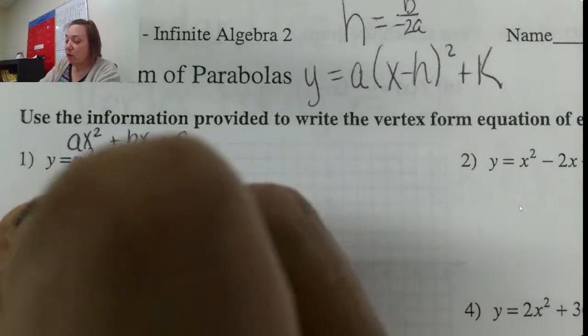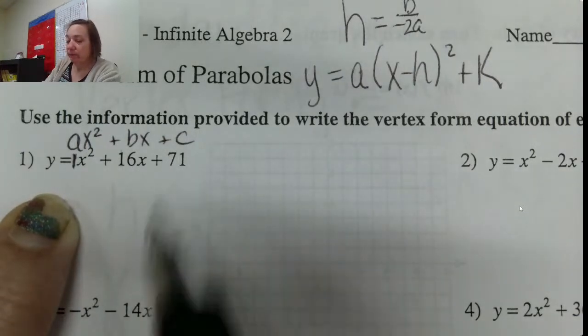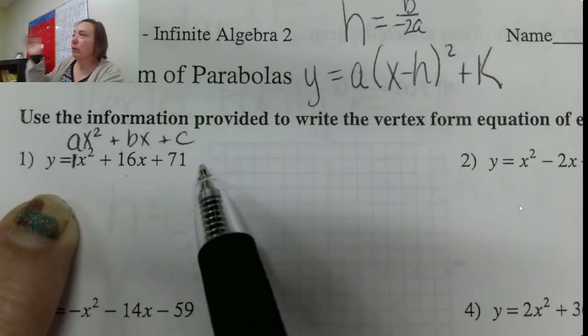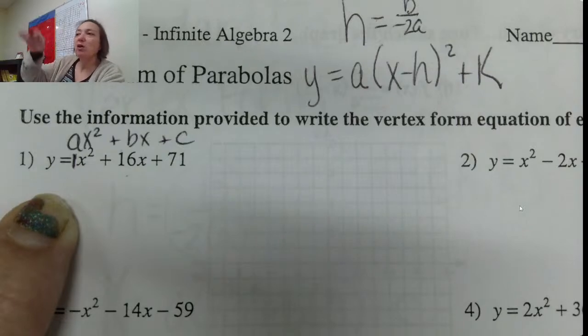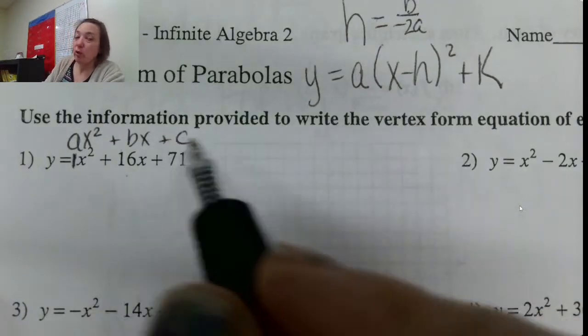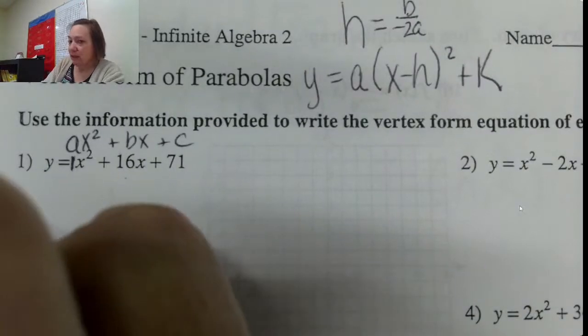This is an understood 1 right there, right? What's our b value? 16. And then our c value is 71. Remember, we talked about this the other day, but that's our y-intercept. Okay? So if we're going to put this in vertex form, because that's our goal today, we've got to figure out what the vertex is.